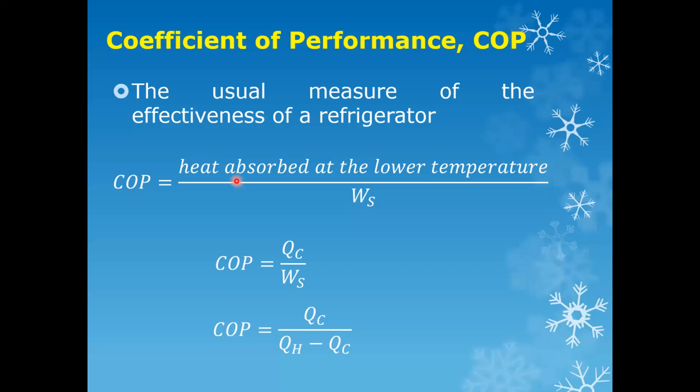It's defined as the heat absorbed at the low temperature, because in a refrigerator, that's your goal, absorb the heat at a low temperature, divided by the work input into the compressor. So that is QC over WS, and WS is just the difference of QH and QC.